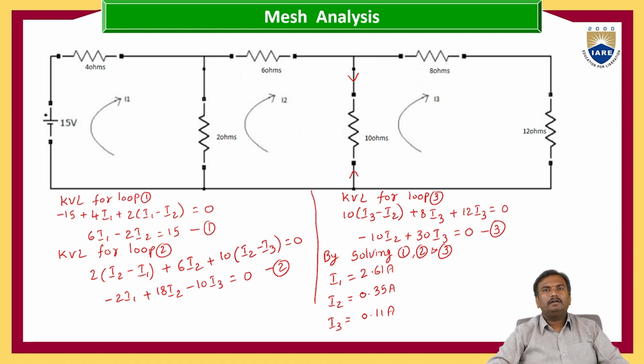Now we got the values for I1, I2, I3 as 2.61 amperes, 0.35 amperes and 0.11 amperes. This is the way we have to calculate the loop currents and the current flowing through each element in the given circuit by using mesh analysis.